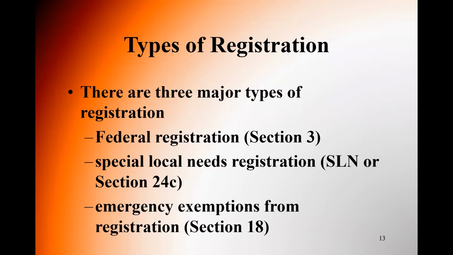Emergency exemptions from registration means that a pest problem has occurred for which there is a pesticide that will work on that pest, but the pesticide is not labeled for that pest. So you can petition the EPA for the Section 18 exemption, which pesticides going through the normal registration process wouldn't have to do. Section 18s are only good for a short amount of time because they're an emergency.